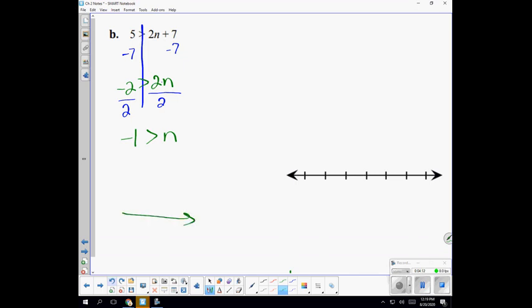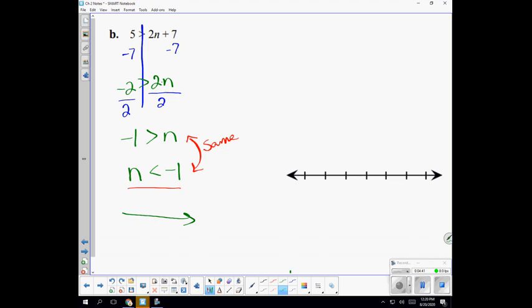So I'm going to flip this answer here so that it is in an order that's easy for me to read. So it's going to be n, and here it is pointing at the n, so I'm going to flip it, n is less than negative 1. Now these are the same solution, but this one is a little easier to graph.